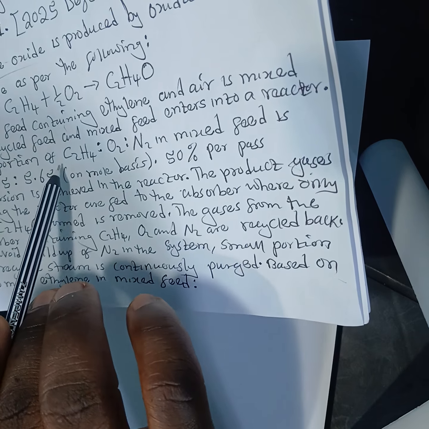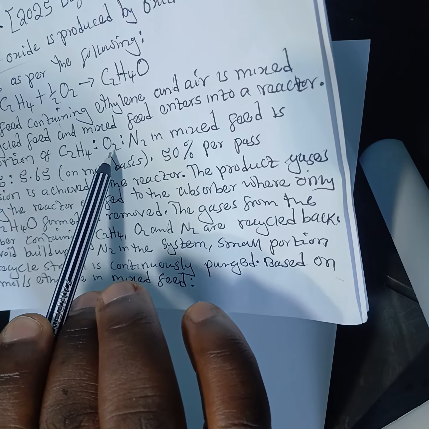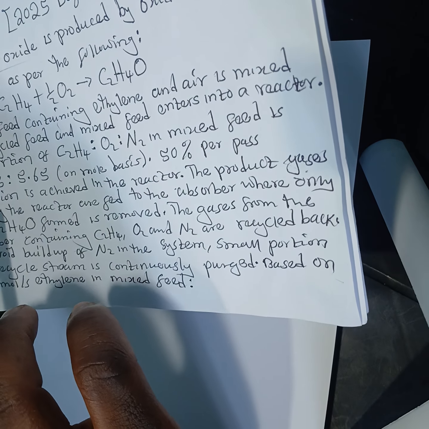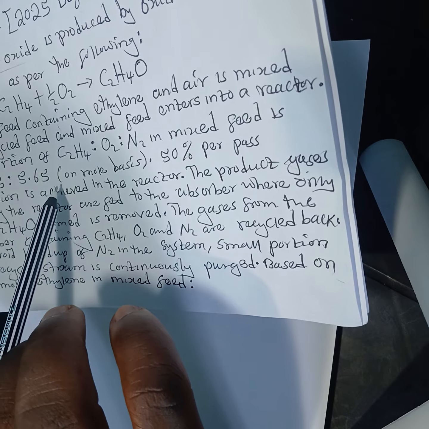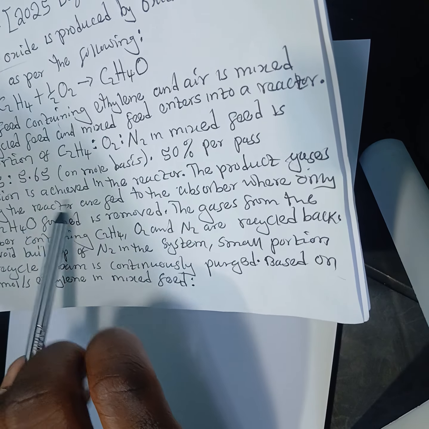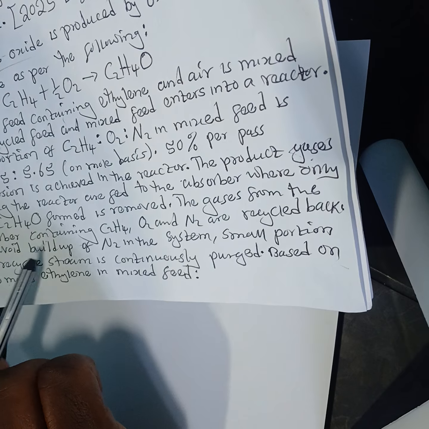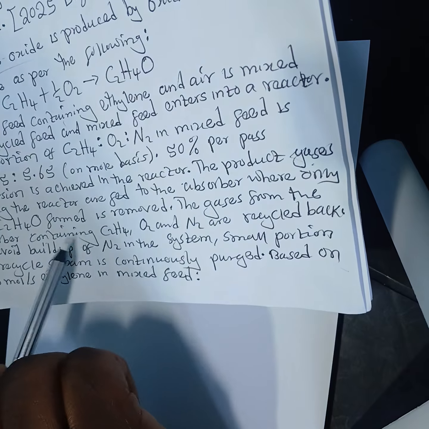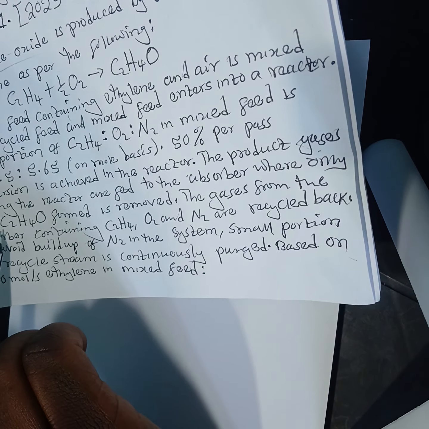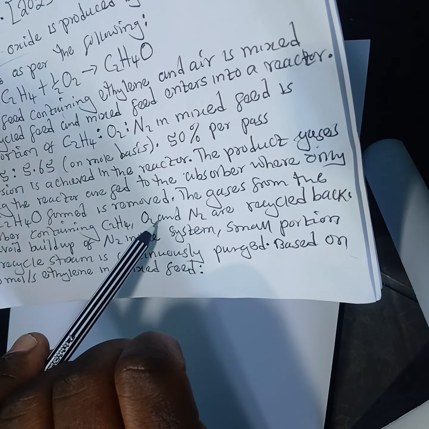The proportion of ethylene to oxygen to nitrogen in mixed feed is 1 to 0.5 to 5.65 on mole basis. 50% per pass conversion is achieved in the reactor. The product gases leaving the reactor are fed to the absorber where only C2H4O, this is the product formed, is removed.